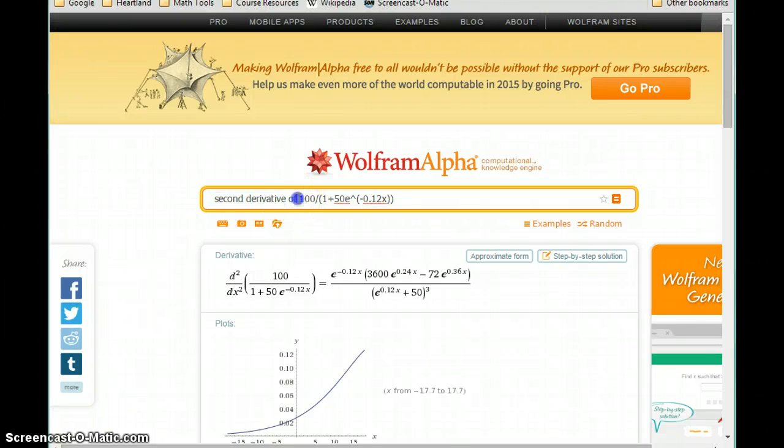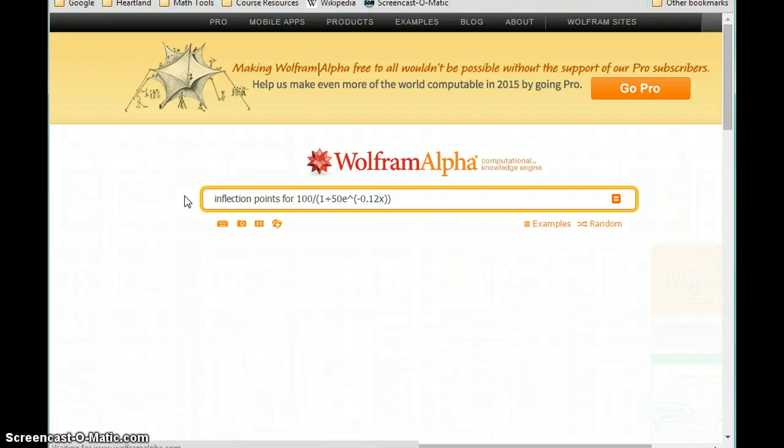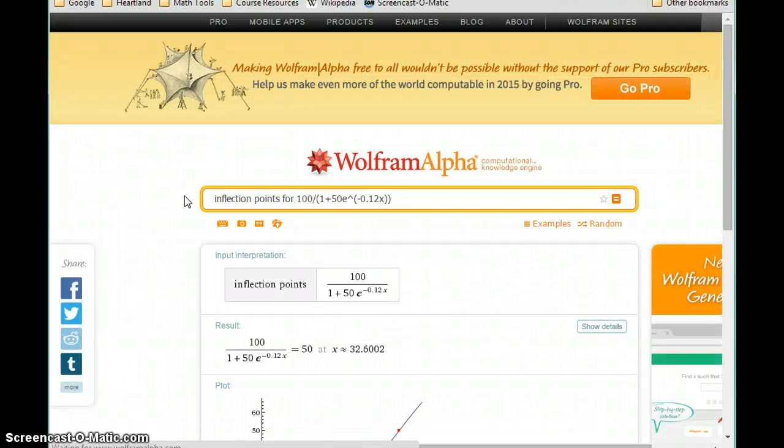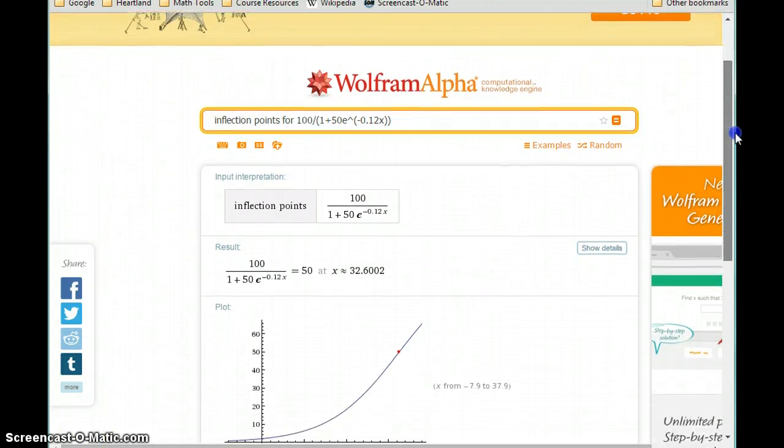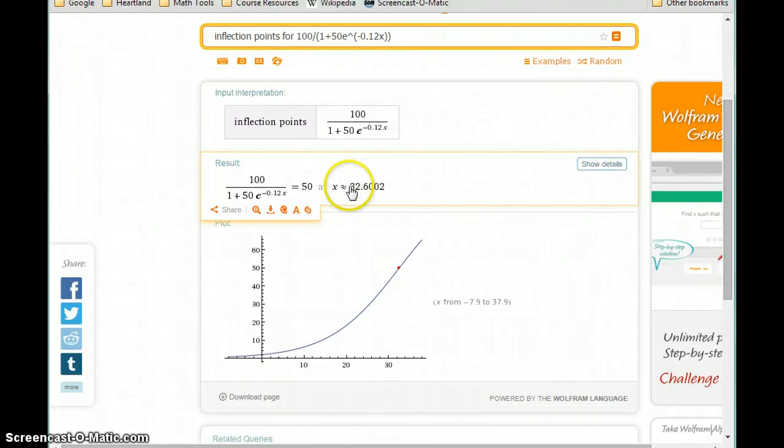In order to find the inflection points for a given function, we can just ask Wolfram Alpha to find any inflection points for that given function. So in the background, it's going to go ahead and generate each of those different values, looking at the second derivative, determining where the concavity changes from positive to negative.